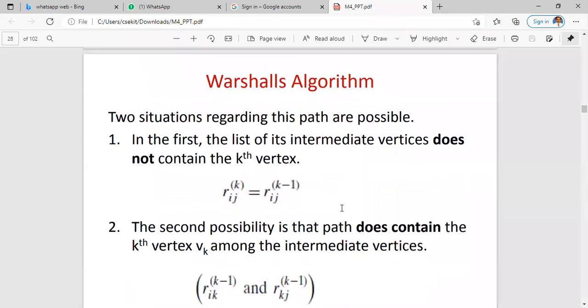Regarding this path, two situations are possible. In the first, the list of its intermediate vertices does not contain the kth vertex, so R of ij of k is equal to R of ij of k minus 1.